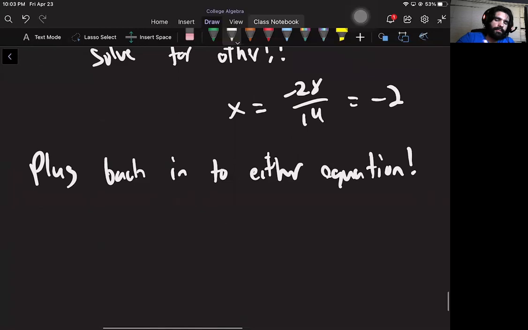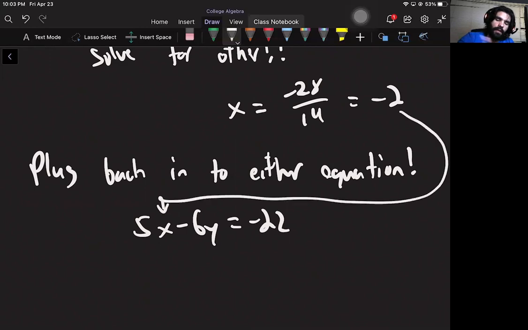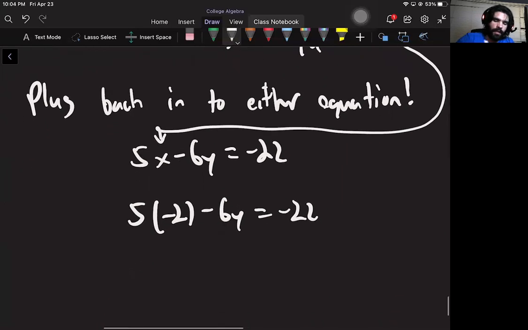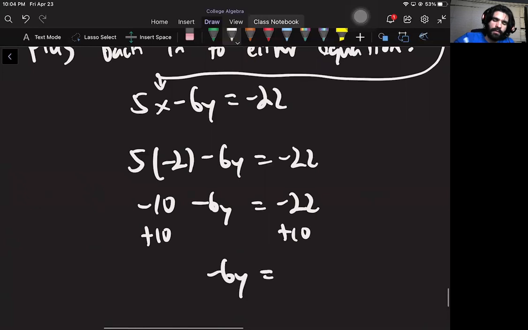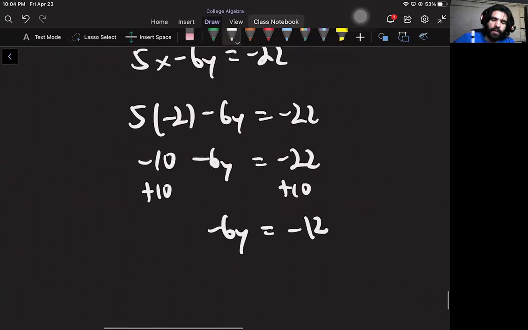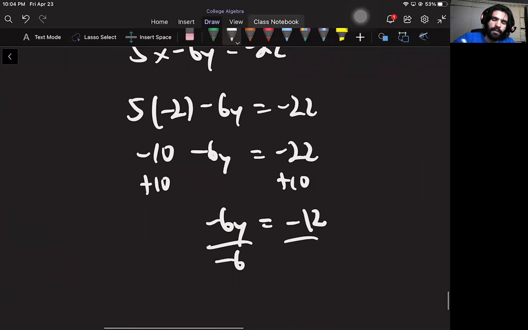So 5x minus 6y equals negative 22. I'll plug in x equals negative 2 there. So what is that? Negative 10 minus 6y equals negative 22. Add 10 to both sides, and we've got ourselves a nice y value here by dividing by this negative 6.